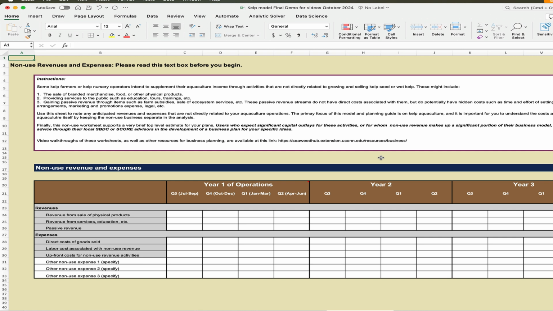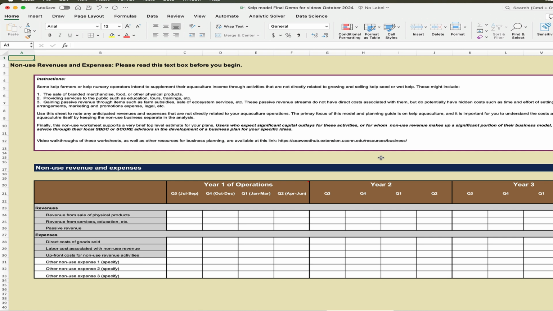This kind of revenue, the revenue that is not associated with growing kelp or growing kelp seed, is not really part of the economics or an economic analysis of kelp aquaculture. And so in response to user requests, we have included this, but only at a very rudimentary level.